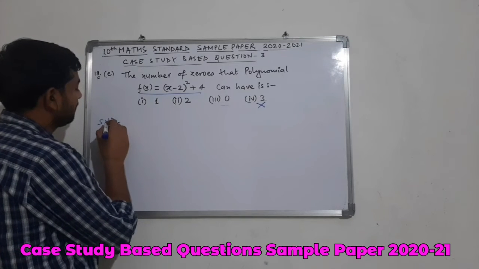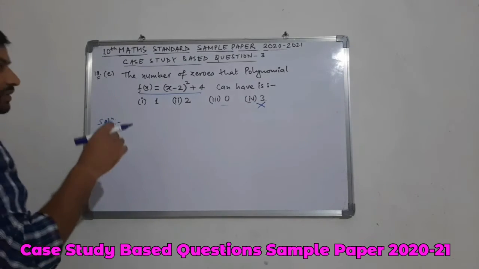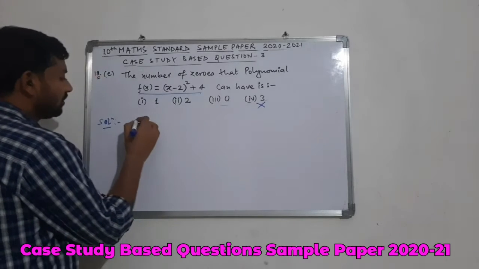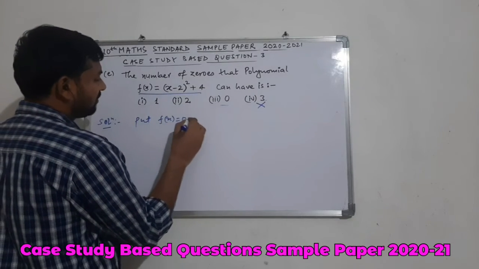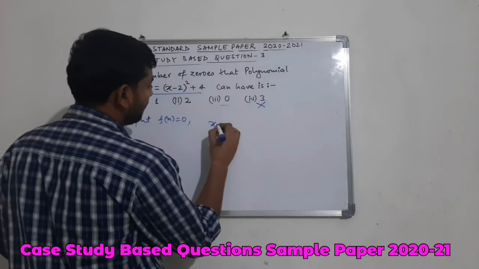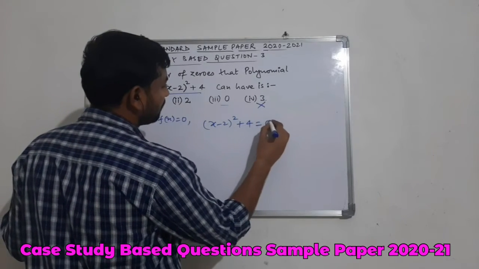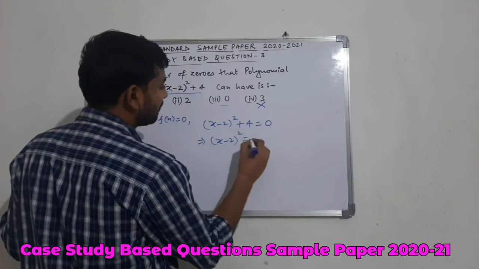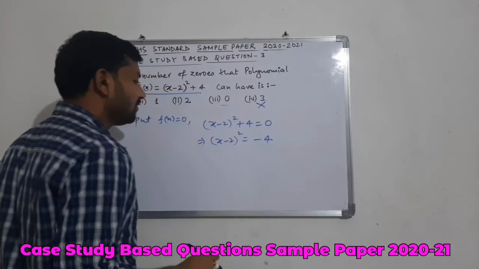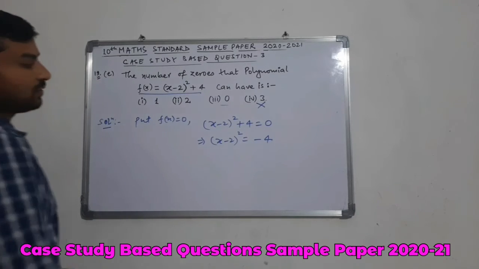For this, the number of zeros can be obtained by equating the equation with 0. So here we have to put f of x as 0. So what we are getting, (x minus 2) whole square plus 4 is equal to 0. If we try to get the value of x here, we will shift this, (x minus 2) whole square is equal to minus 4.